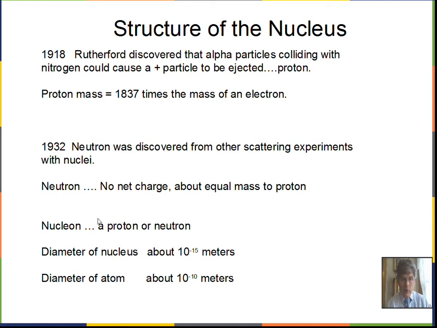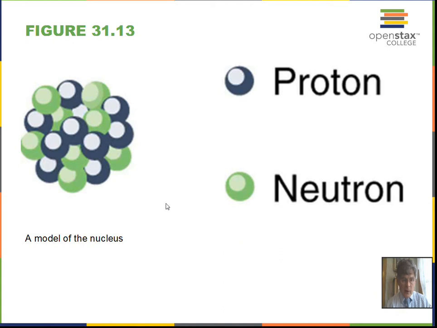Again, the diameter of the nucleus is about 10 to the minus 15 meters. The diameter of the atom is about 10 to the minus 10 meters. So we're on a much different scale than the atom, much smaller. Here's an artist's conception of a nucleus, protons in blue, neutrons in green, and maybe not quite accurate in that the protons and neutrons look like they're touching, but we don't have any images of separate protons and neutrons.